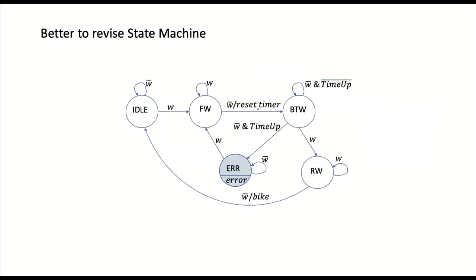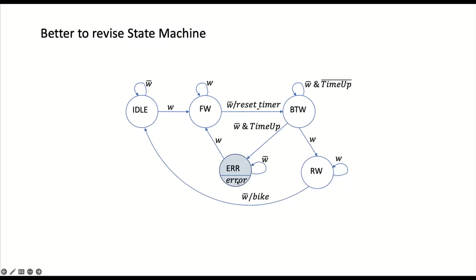So instead of doing that, what we should have done is gone back to our state diagram and added a state. So this is the state that extra flip-flop, that error flip-flop is going to hold. And basically what we're doing here is instead of going back to idle, we created a new state called error, and we'll stay here. This is like idle. We'll stay here until we get a W, and then we'll go to front wheel again. But in this state, we are going to turn on the output.